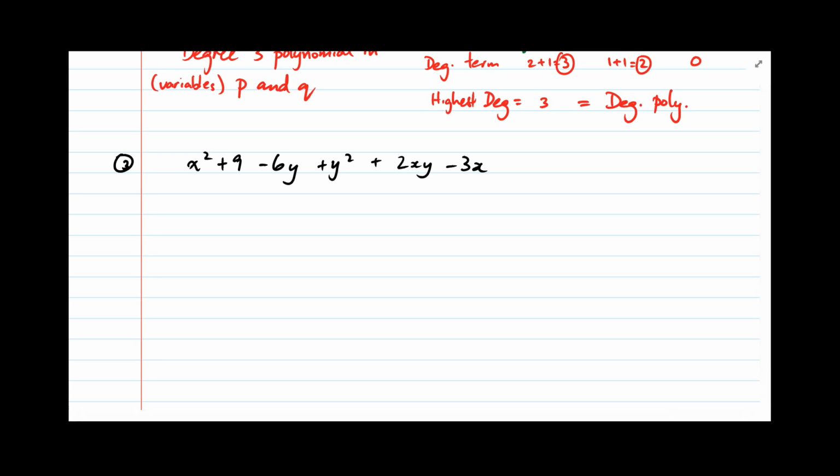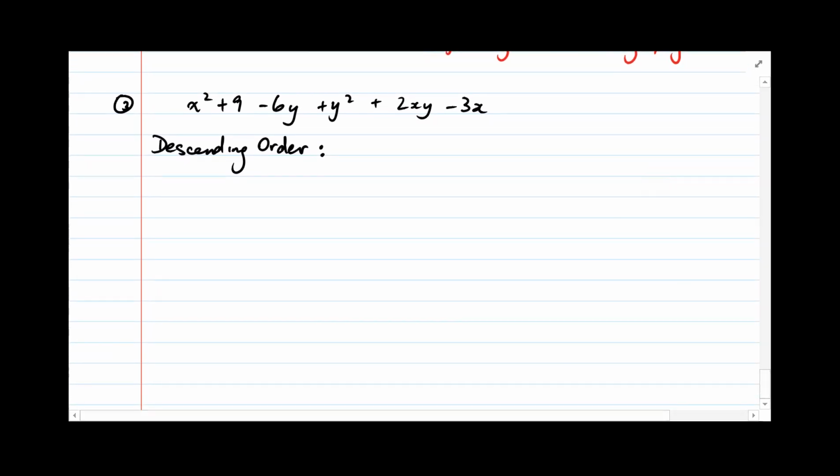Let's try to arrange it in what we call descending order. If we are arranging in descending order, we need to look first of all at the degree of each term.